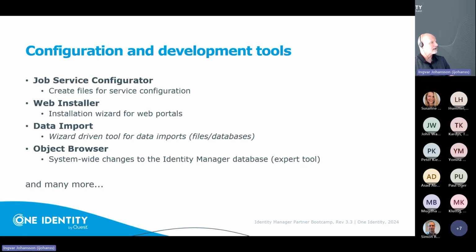Can you export them in, for instance, a CSV format? Yeah, we can. And then we can import those roles with the data import tool. And then there's a tool called the object browser, which is also very useful. It's like an expert tool, but it's very useful once you get the hang of it. And there are more tools, of course.